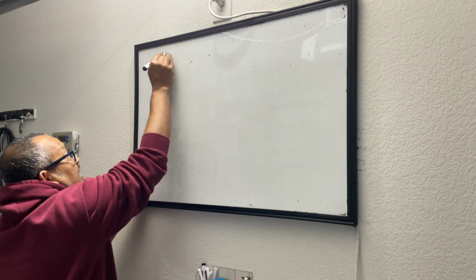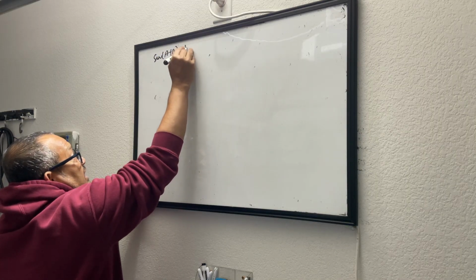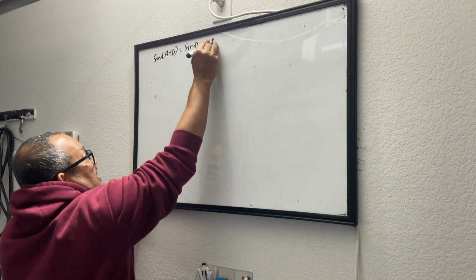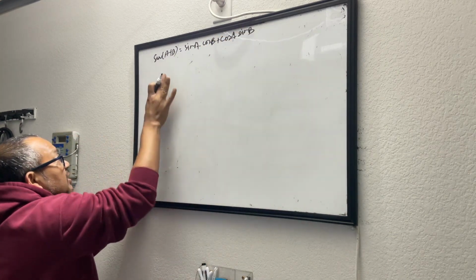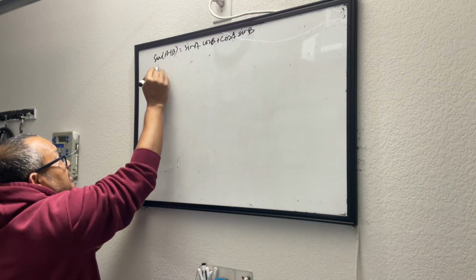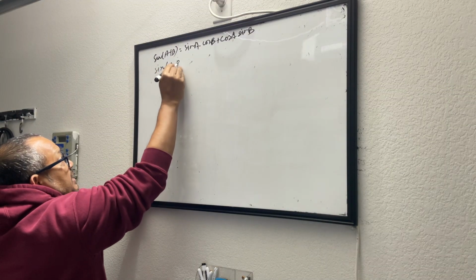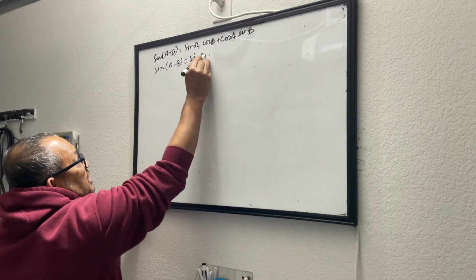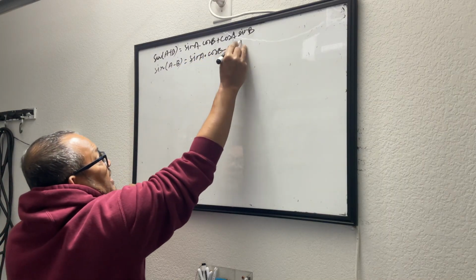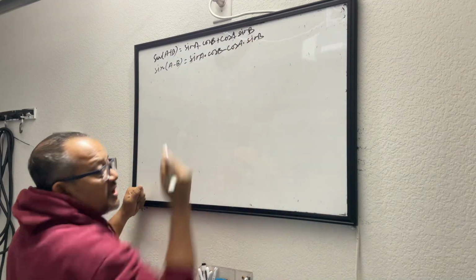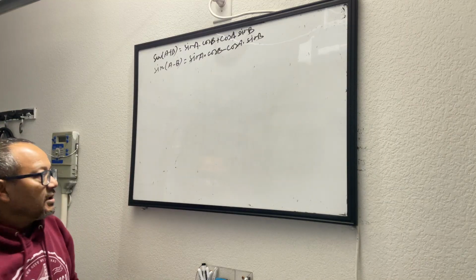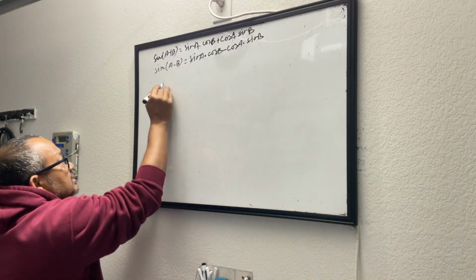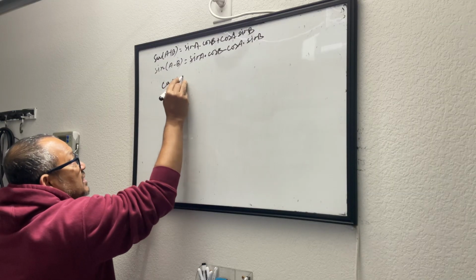So the first formula was sine of A plus B equals sine of A cos B plus cos of A sine B. The second formula, which was an extension of this using the unit circle concept: sine of A minus B became sine of A cos B minus cos of A sine B. No negative angles. Yeah? Now we are going to the next formula, which is cos of A plus B.